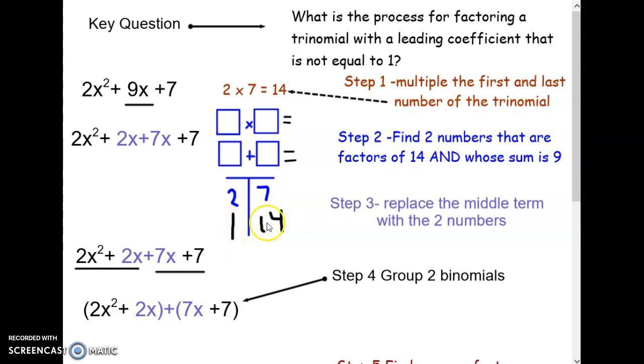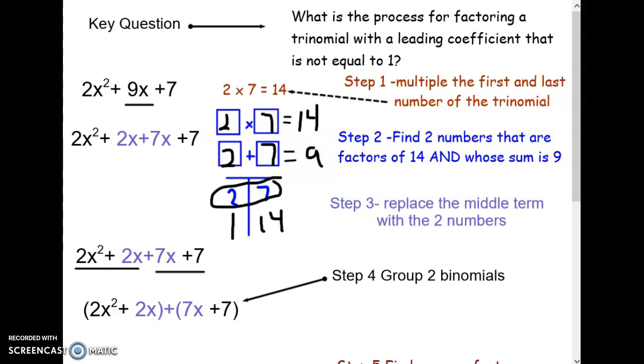We can see that 1 and 14 are not going to add to 9, but 2 and 7 are. So those are our two factors. If I put a 2 and a 7 in here, we know that 2 times 7 is 14, and 2 plus 7 is 9. So those two numbers work.